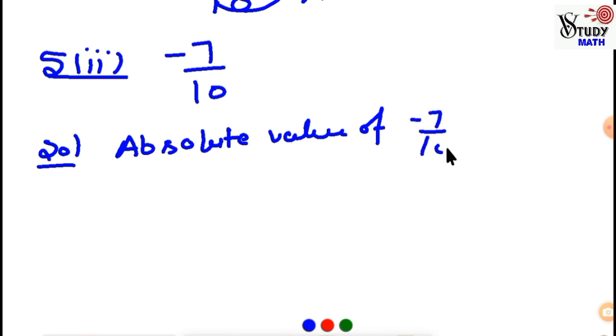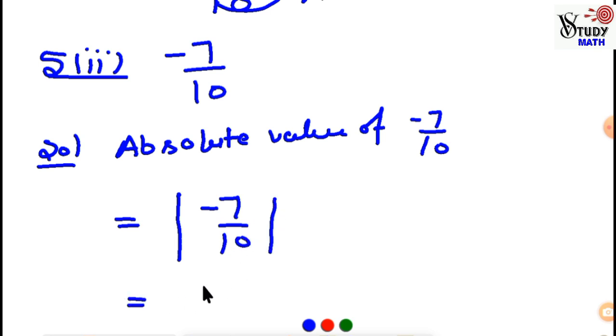For that we have to take the modulus of negative 7 by 10, and the meaning of modulus is the distance from 0. So the distance from 0 of a negative number is positive 7 by 10. So this is the answer.